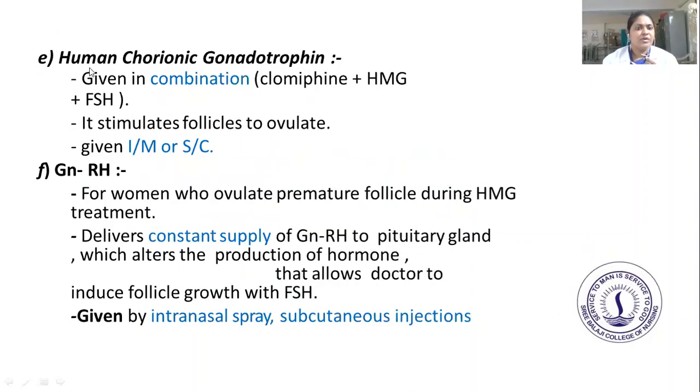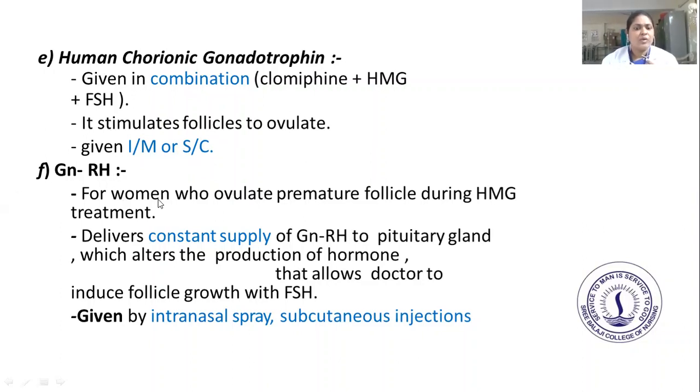Next is human chorionic gonadotrophin, which is given in combination with clomiphene plus HMG plus FSH. It stimulates the follicles to ovulate, and is given both IM as well as subcutaneously.